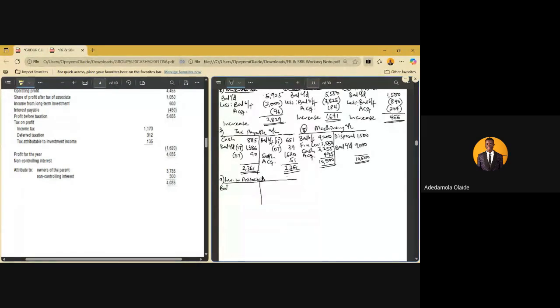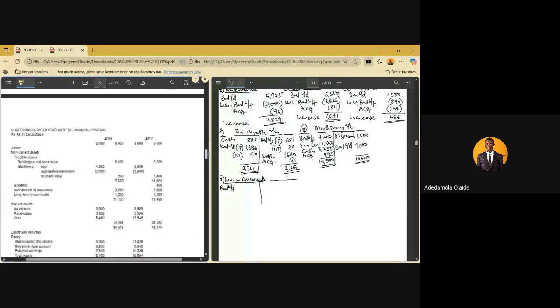Balance brought forward, how much? 3,000.